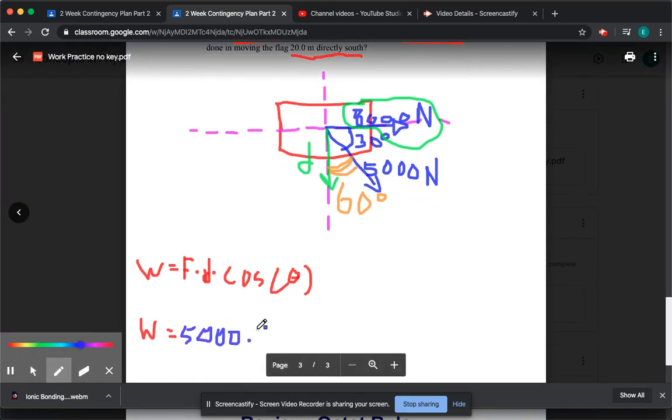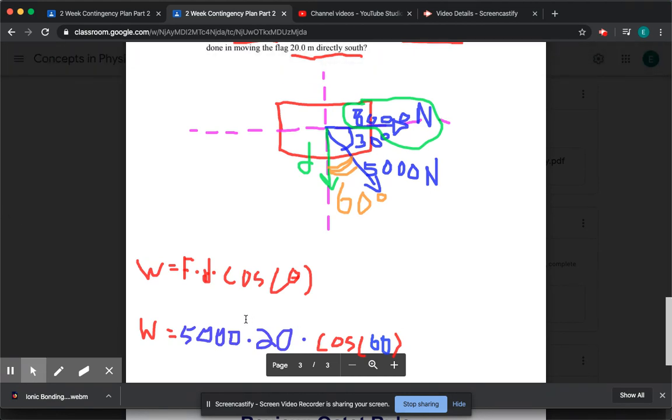So that's 5,000 times 20 times cosine of 60. You're putting in 60 degrees in there. You plug that into your calculator and you get your answer for number 11.